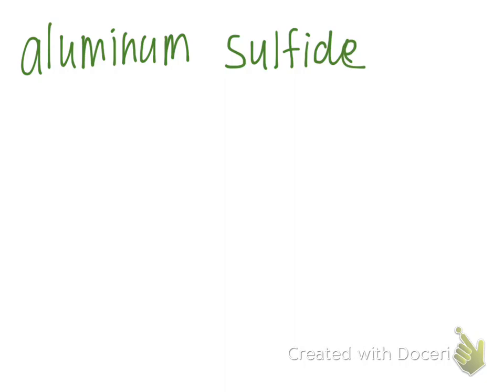Aluminum sulfide. We're going to write them as separate elements first. And what do we know about aluminum's charge? +3. What do we know about sulfide? So it's S -2.